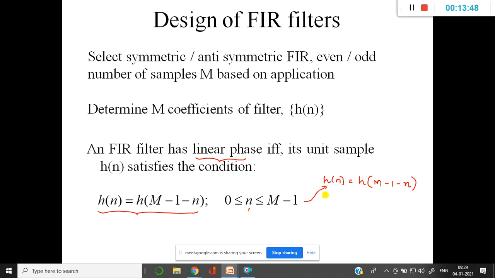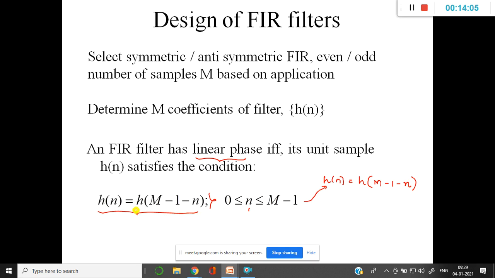If this condition is satisfied, then I call the filter linear phase. If this condition is not satisfied, then linear phase is not obtained.